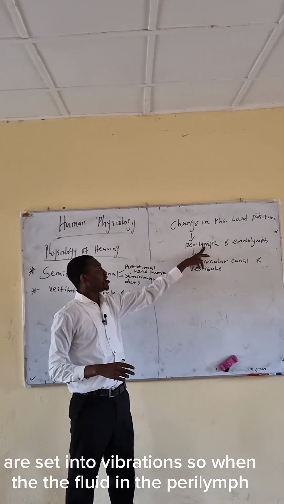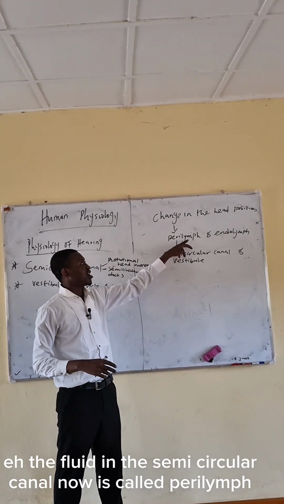So when the fluid in the perilymph, the fluid in the semicircular canal is called perilymph.